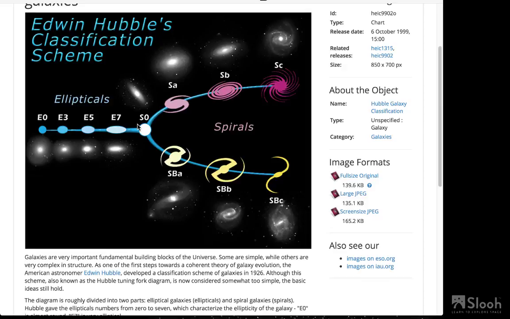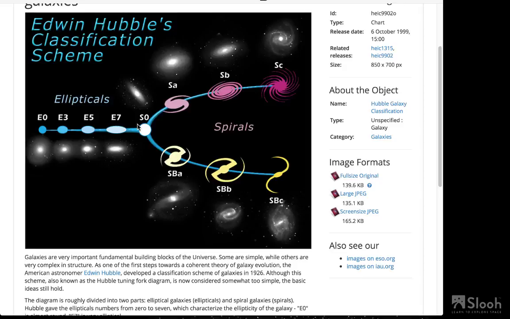Population 1 stars are young stars. Elliptical galaxies vary widely in size. The largest and smallest known galaxies are both elliptical. Very large elliptical galaxies can reach over 300 million light years in diameter. For reference, our Milky Way is 100,000 light years in diameter.